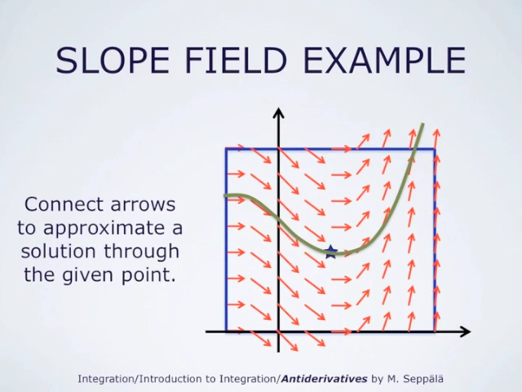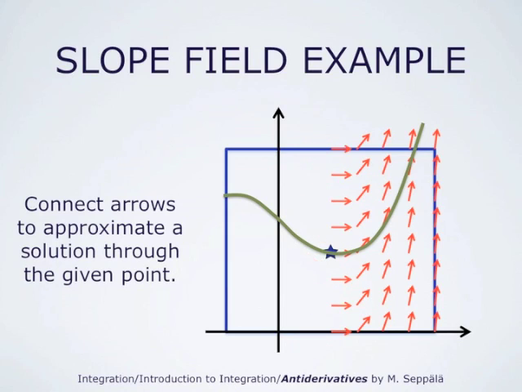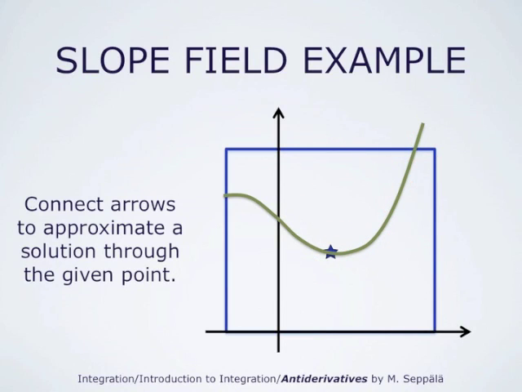So this green curve is an approximation of the graph of an antiderivative of the function x squared minus 1 that passes through the point (1, 1.5). If I now even delete the slope arrows, then we are left with our approximation for the antiderivative of this particular function.